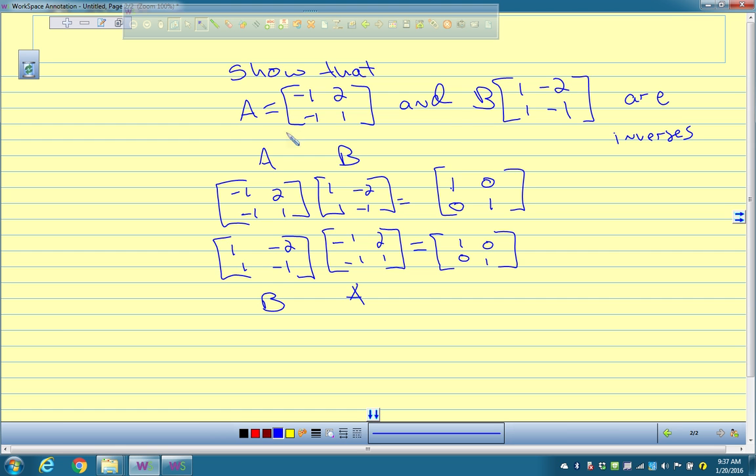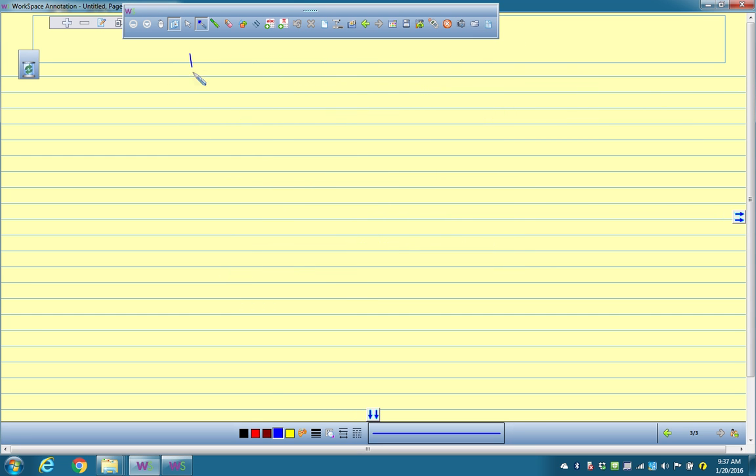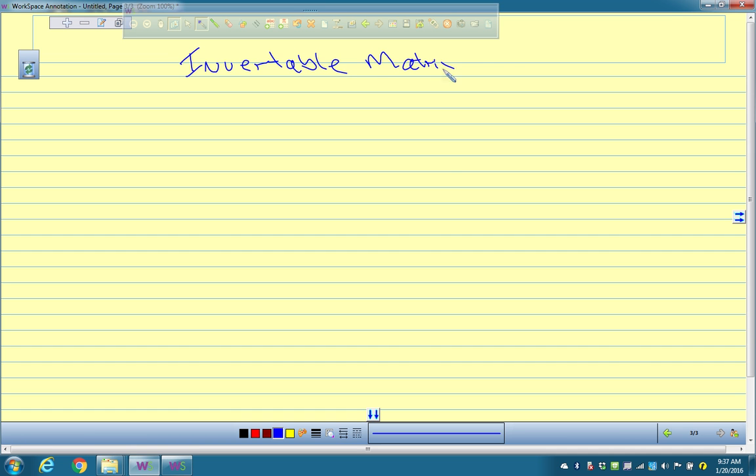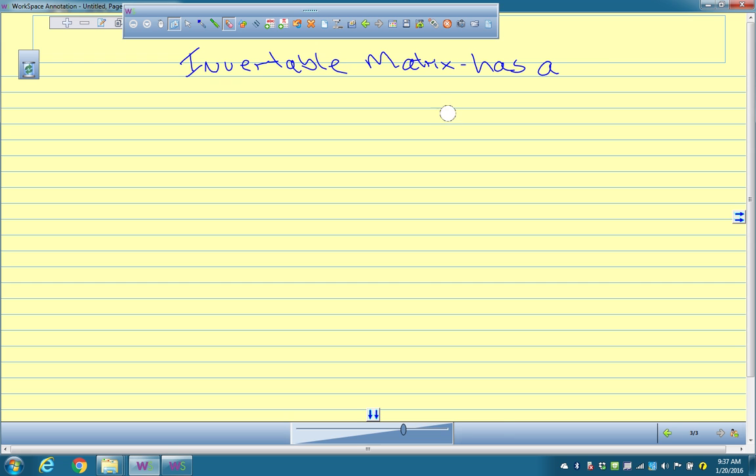Okay? So then we have some words that you got to know. The next word that you got to know is invertible. Okay? Invertible matrix. I mean, it just means that it has an inverse. Because not all matrices have an inverse. Okay?